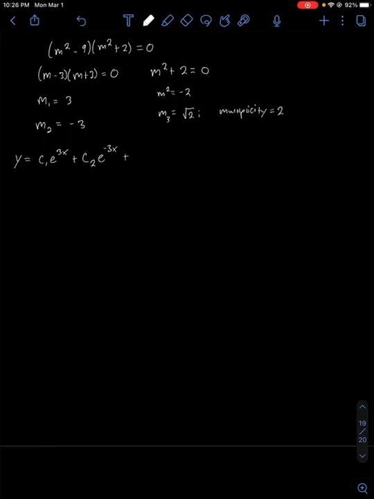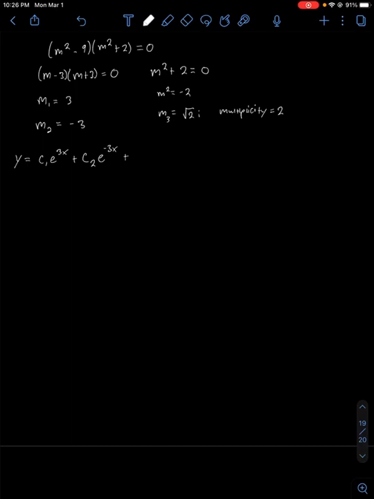Alpha is 0, and then e to the alpha x is e to the 0 times x, which is 1, times the c3 cosine of beta x plus c4 sine of beta x.